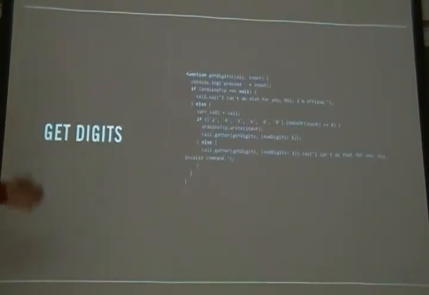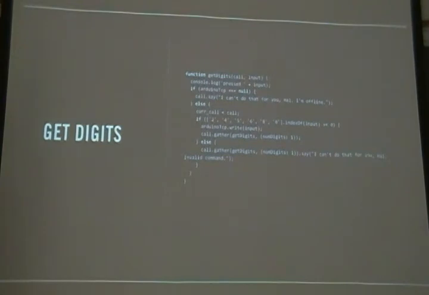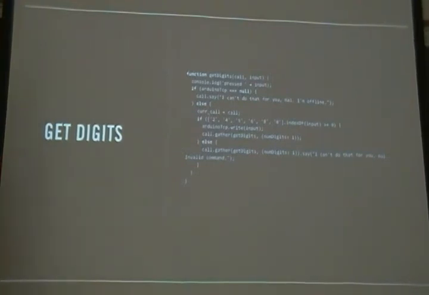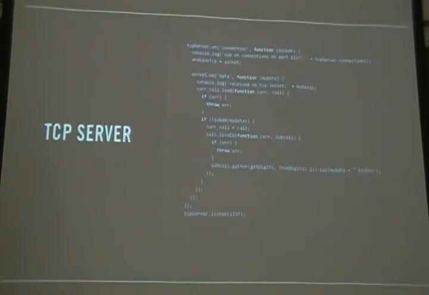When we get those digits, we look and see first if we're actually connected to the robot, and second, if they're in a list of accepted commands. So we accept 2, 4, 6, 8, 0, and 5. If it's within that list, we write the data to the Arduino so that it can figure out what to do next. And then it continues to gather digits. So every digit is a new POST request, and we're continuously gathering digits until the call is over.